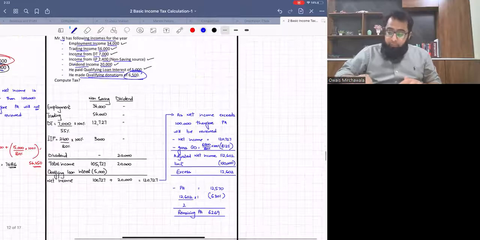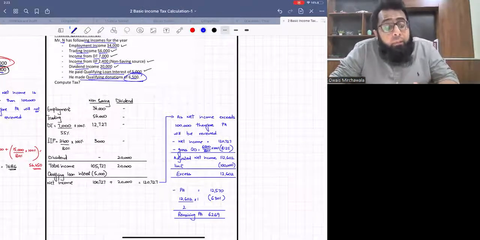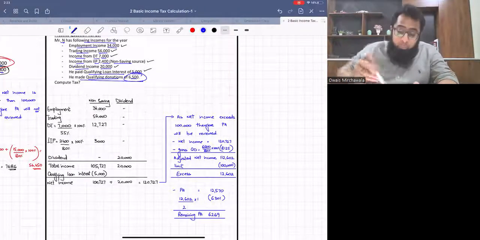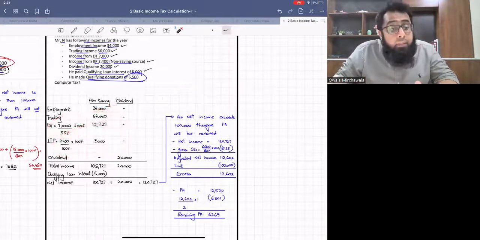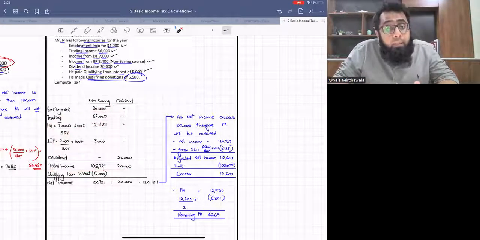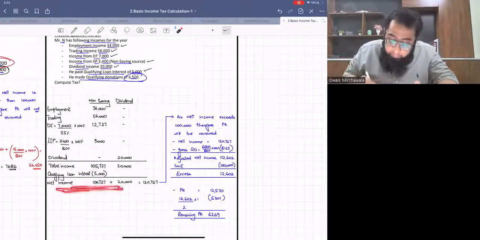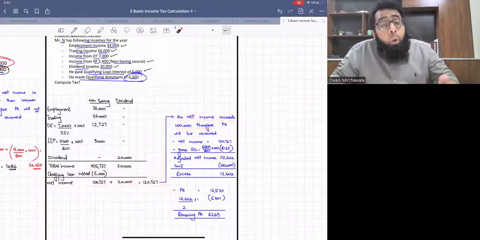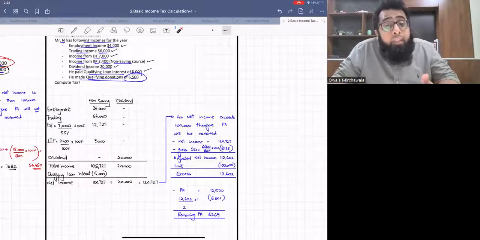I will repeat it again. Listen to me. First of all, what we have done is we have classified the incomes in the relevant heads. We worked out the withholding taxes. We arrived at the value of total income. Then we deducted qualifying loan interest to arrive at the net income. This net income exceeded 100,000. Now, obviously, when you talk about the net income, this is the sum of the net income of all the heads.